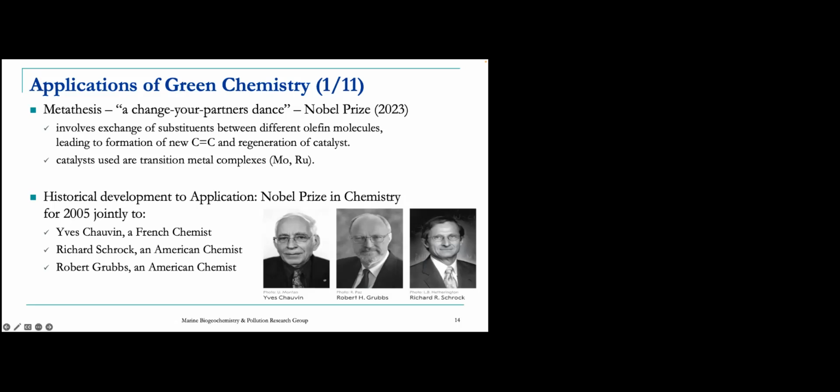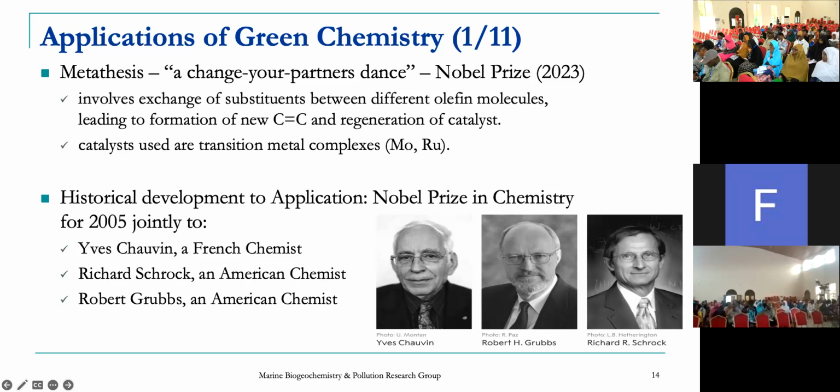Let's look at some of the applications of green chemistry. Green chemistry has numerous applications across industries, including pharmaceuticals, agriculture, energy, and materials. For example, pharmaceutical industries now focus on developing drugs using environmentally friendly methods and greener solvents, reducing the environmental impact of drug manufacturing.